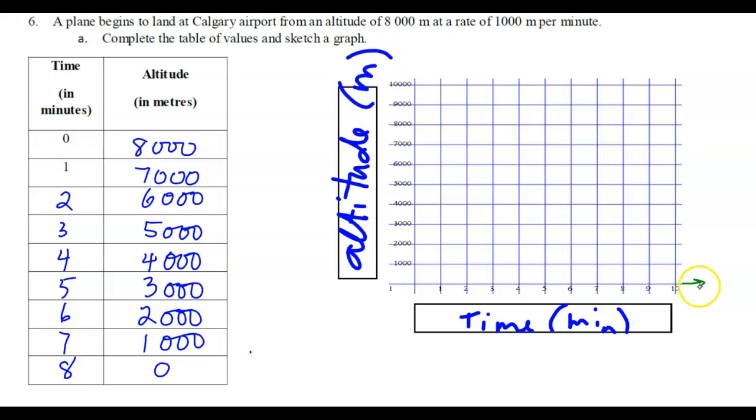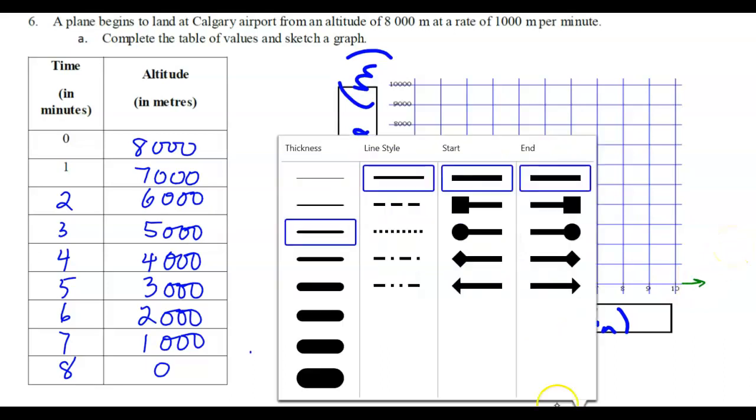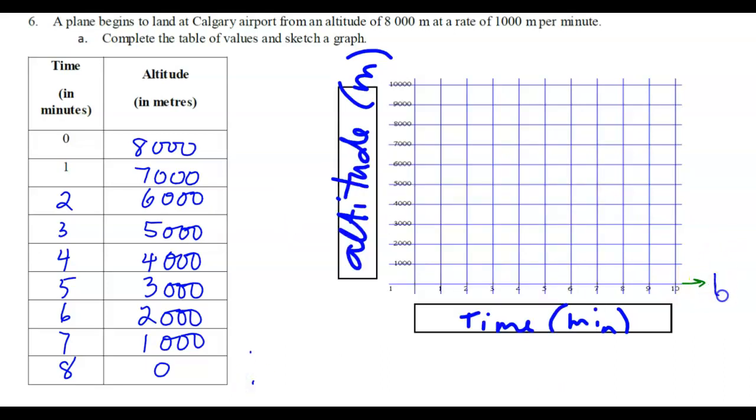And then the horizontal, I'll label that as T, and vertical as A. And so plot them. So 0, 8,000, 1, 7,000, 2, 6,000.